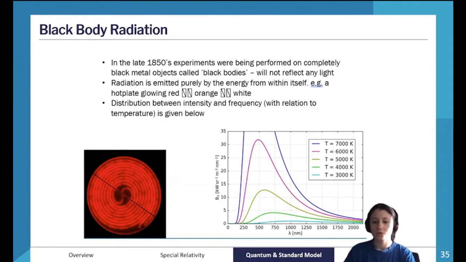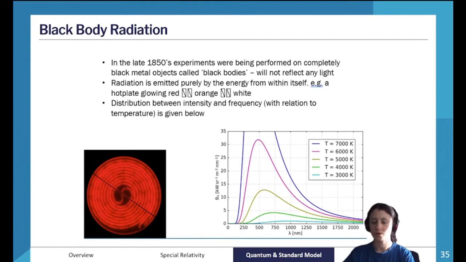now let's get on to black body radiation. So, black body radiation is an experiment that was done that showed that light behaved as a particle. Alright?